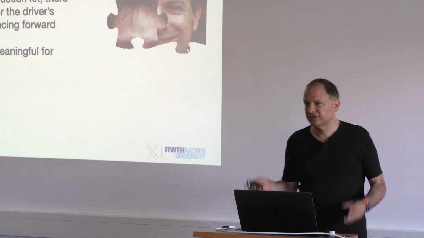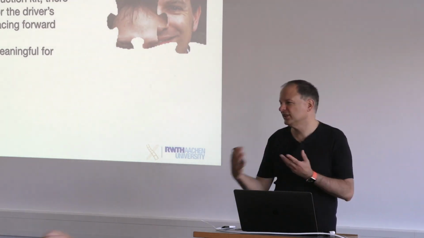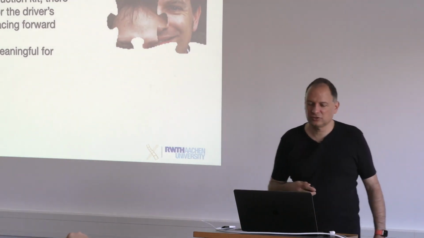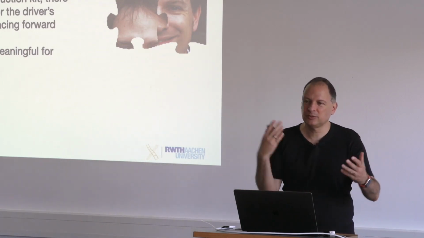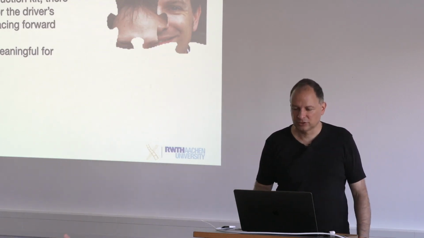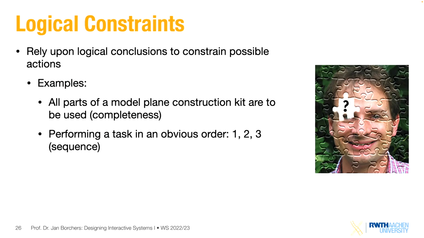Next up, after the semantic ones, we've got logical ones. And these two are really tricky to tease apart sometimes. It's really more two different lenses to look at the problem. But logical constraints rely on logical conclusions, things I can derive irrespective of the meaning of the situation to constrain possible actions. So, for example, back to building our model airplane, even if I don't know the first thing about model airplanes, it makes sense that all parts of that kit are supposed to be used, right?